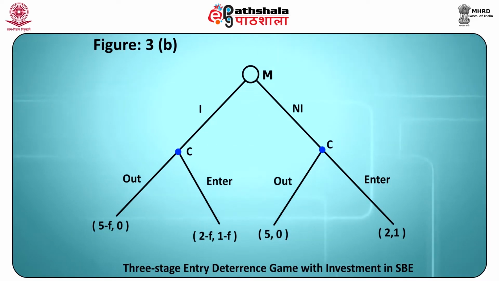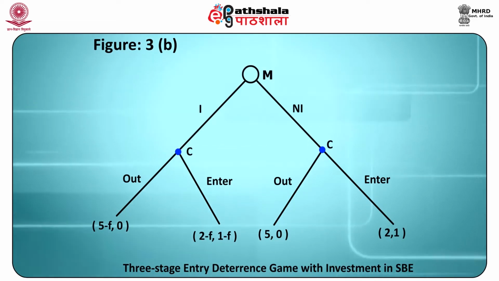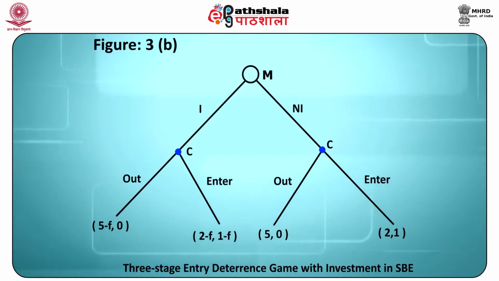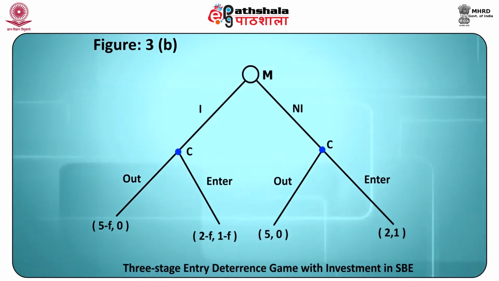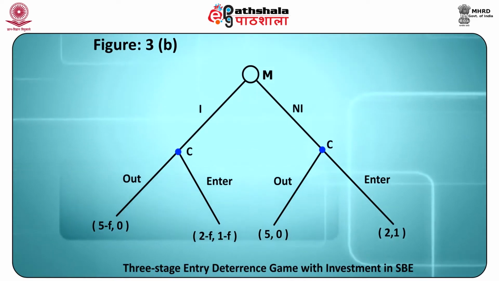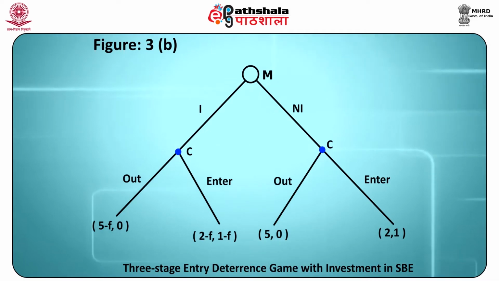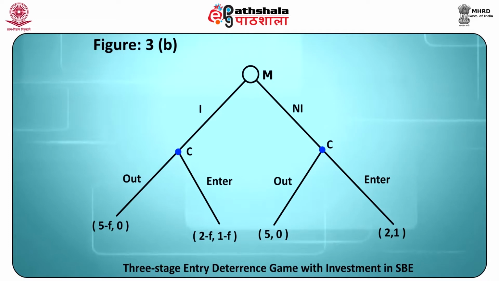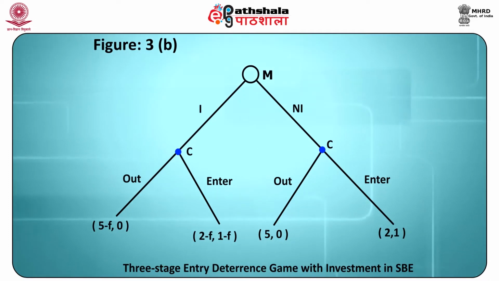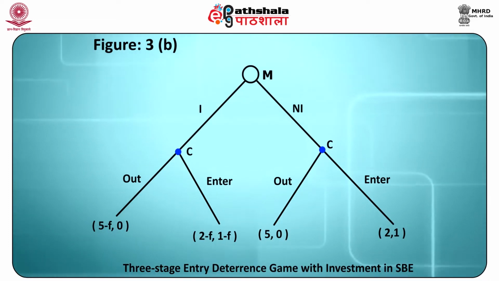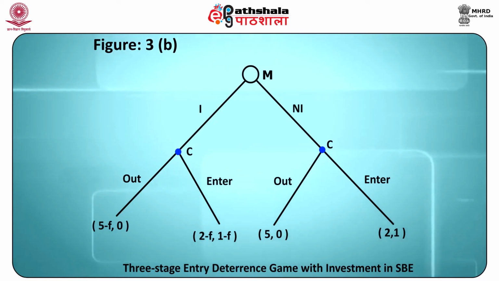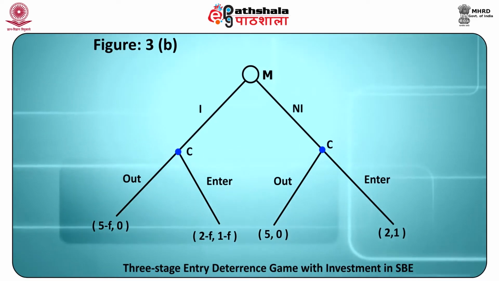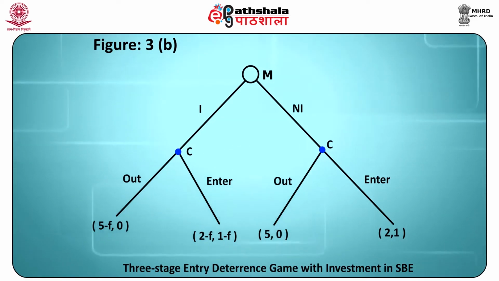In the above game, it is clear that after the monopolist decides to invest, it is optimal for the challenger not to enter as long as F is greater than 1. But he would always enter if the monopolist does not invest in the strategic barrier to entry, SBE. Given the optimal strategy of the challenger, it is optimal for the monopolist to invest as long as 5 minus F is greater than 2, that is, if F is less than 3.